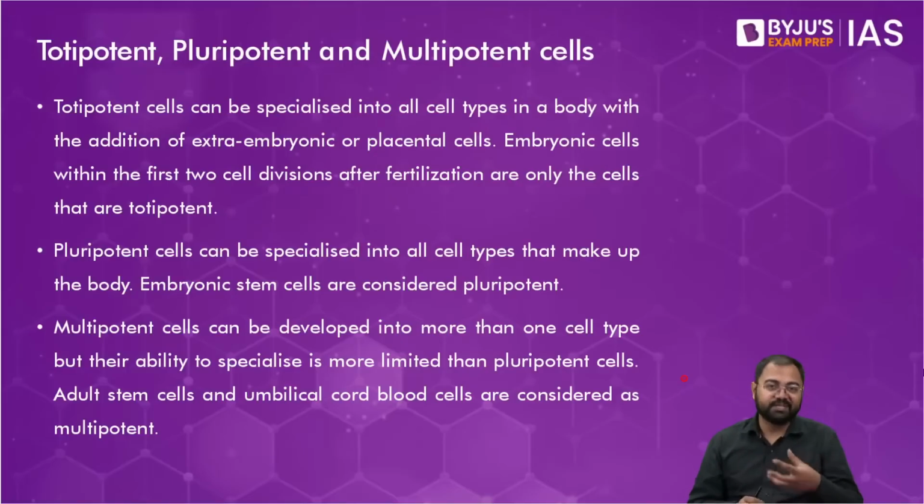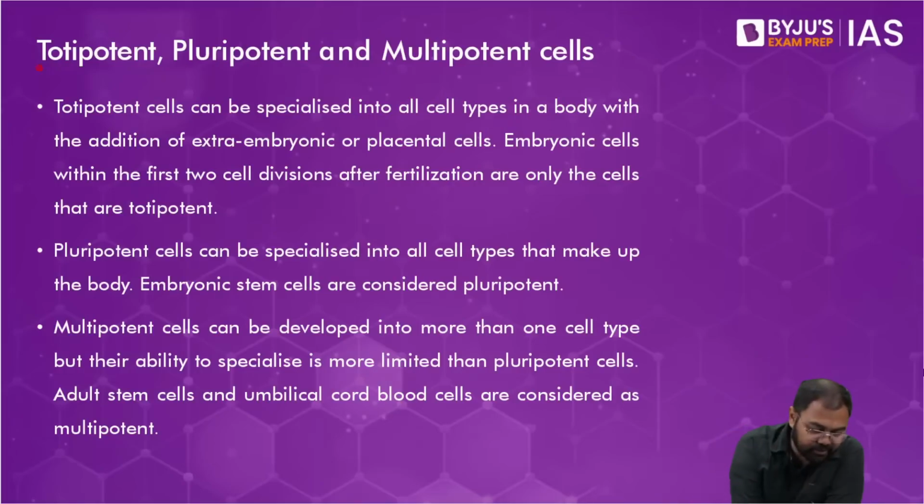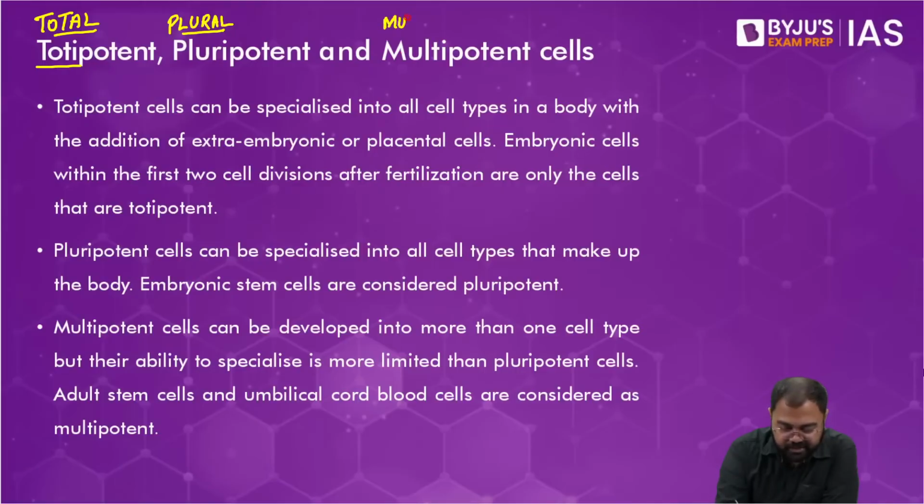Toti comes from the word total. Pluripotent comes from the word plural. And multipotent comes from the word multiple. So what does this mean?